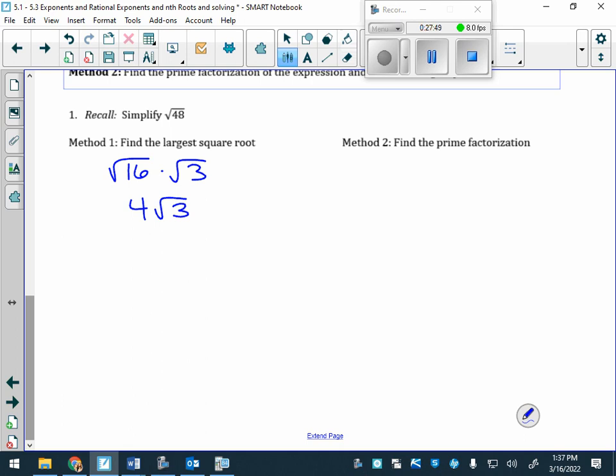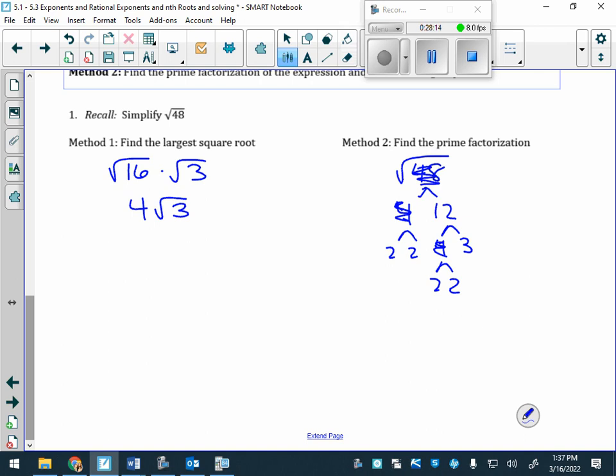Or I could simplify using prime factorization, which we just did. What are 2 factors of 48 that come to mind? That's 2 factors we haven't used yet. Yep. 4 and 12. And then I keep breaking this down until I can't go anymore.